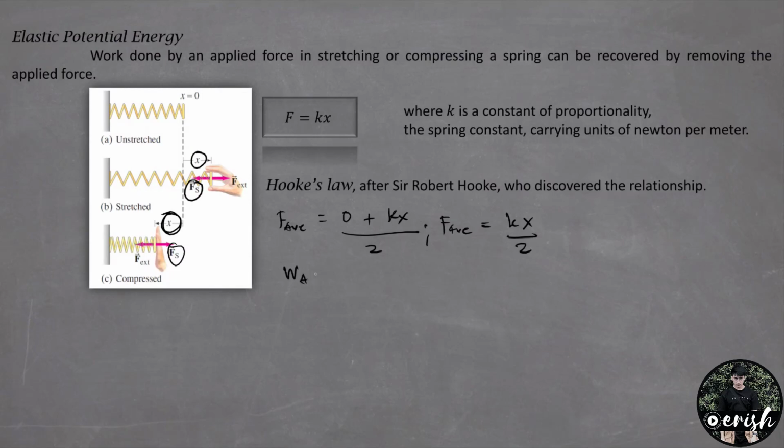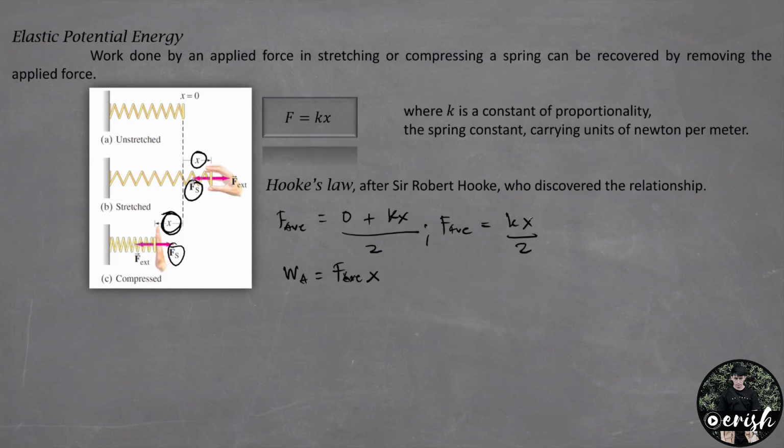If we are going to solve naman for the work na ipinoprovide natin gamit yung spring, say work applied, this is equal to the average force. Again, average force ang ilalagay natin kasi the force varies linearly. And i-multiply natin dito sa x, since yung x ang nag-represent ng distance ng compress and stretch ng spring.